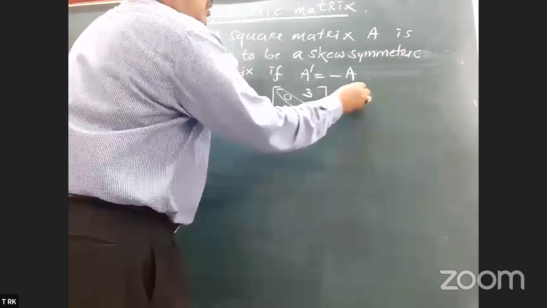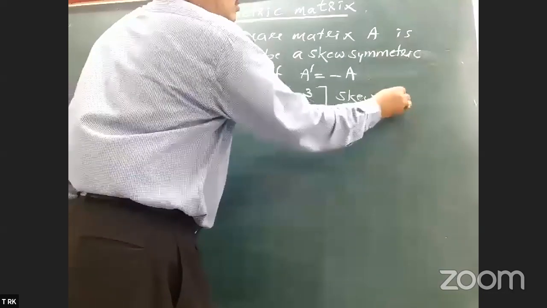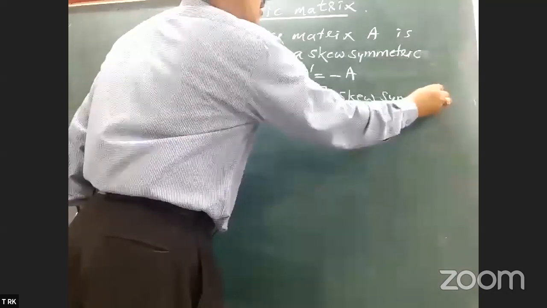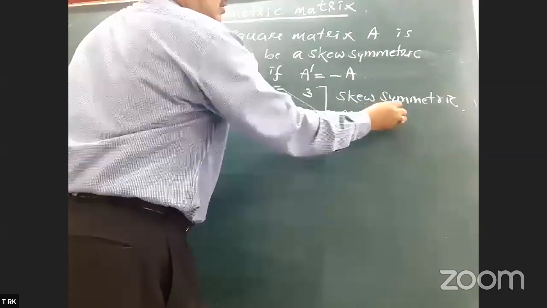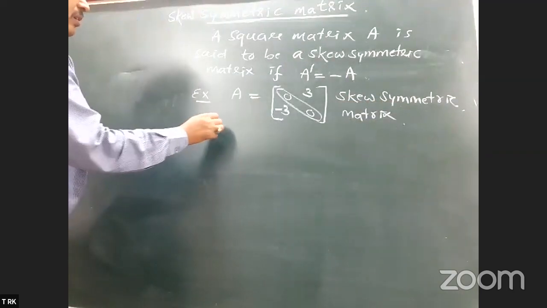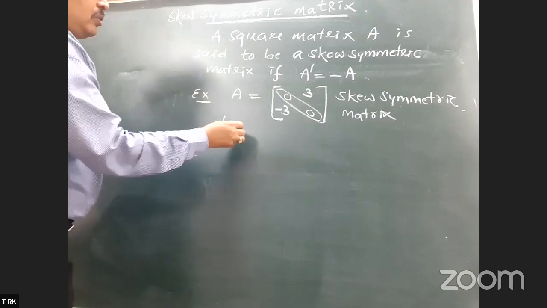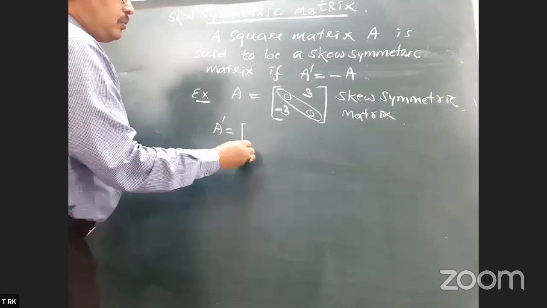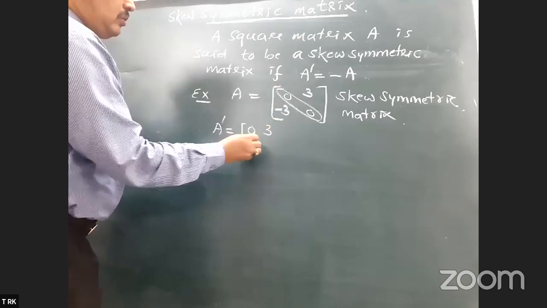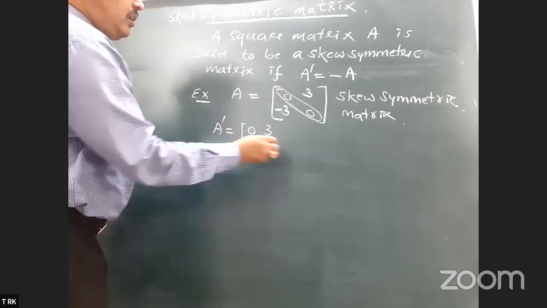Skew symmetric matrix. Here A dash is equal to the transpose of 0 3, minus 3 0.